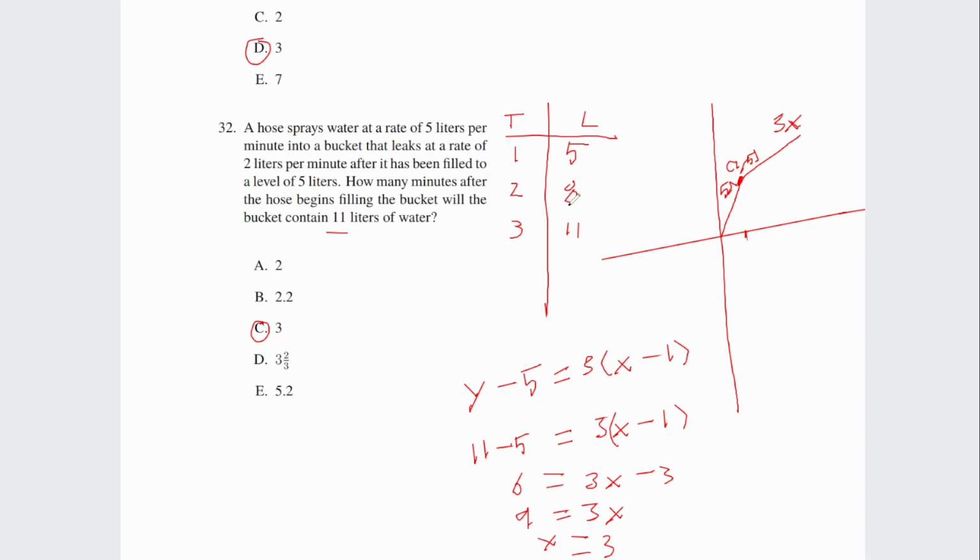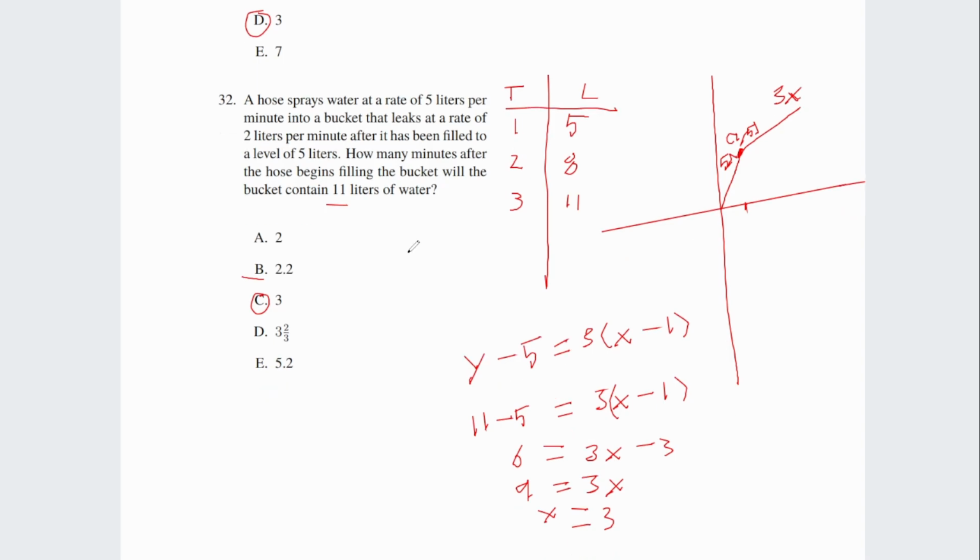Well, you would know that it's more than 2 and closer to 2 than 3, so you might say that it was B. Likewise, if it said 12 liters of water or 13 liters of water, you might say D. So, this table form, you might say that it only gives you perfect answers for every minute, but you could also say that this is close enough to approximate on a multiple choice question.